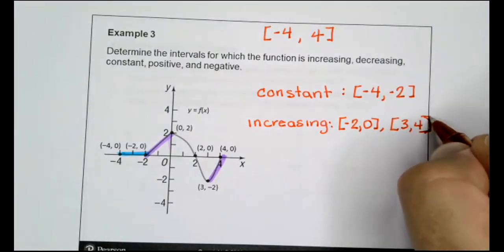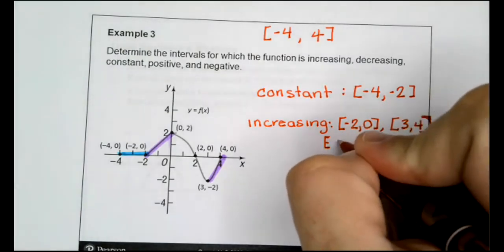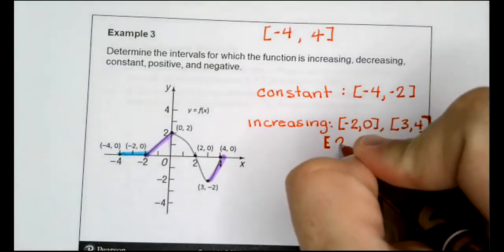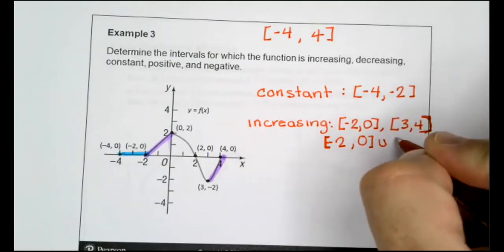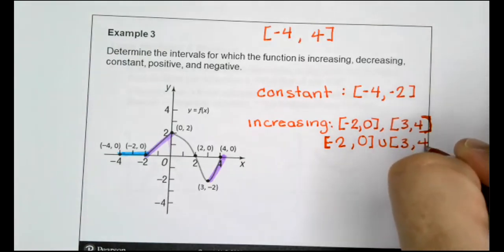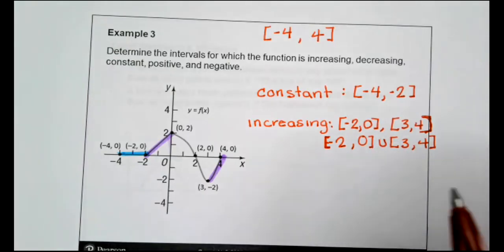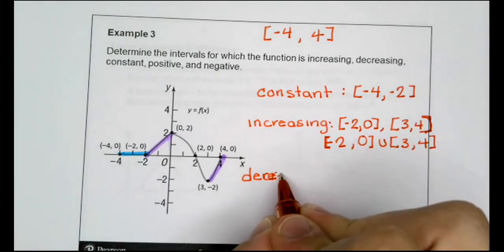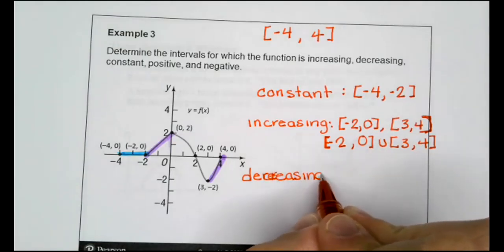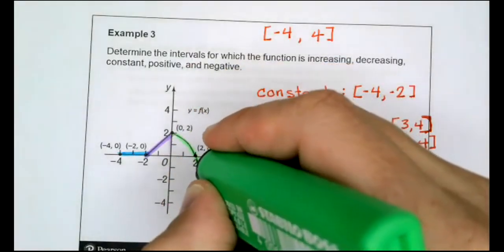Oops, it should be brackets. You can put a U between them. That wouldn't be wrong. But on Pearson, they only want a comma. So don't do the U. But it just means union, like a union of a set, okay? And then decreasing. Ignore that I didn't spell decreasing correctly. It will be decreasing from 0 to 3.